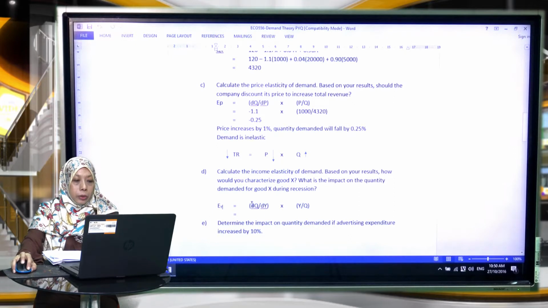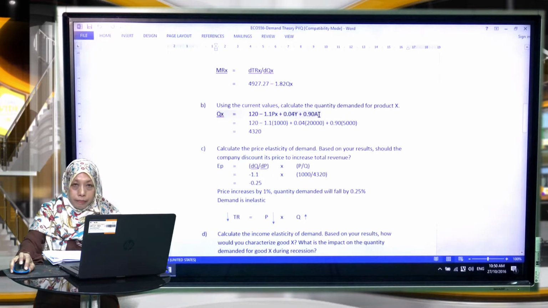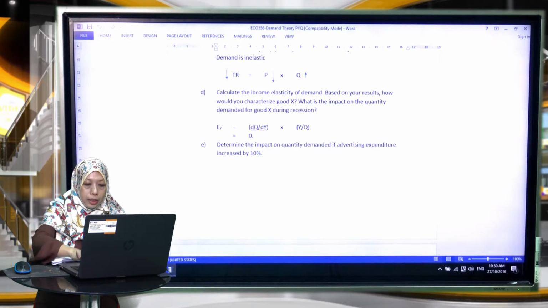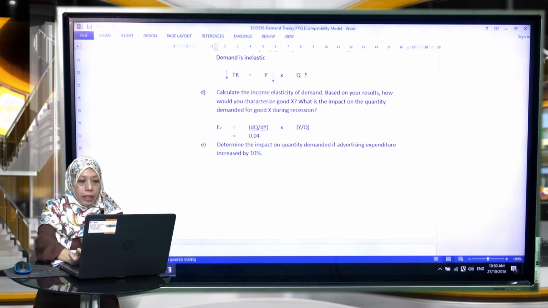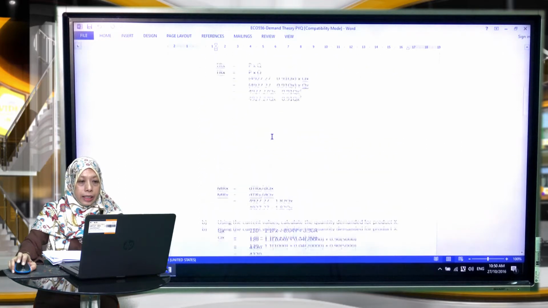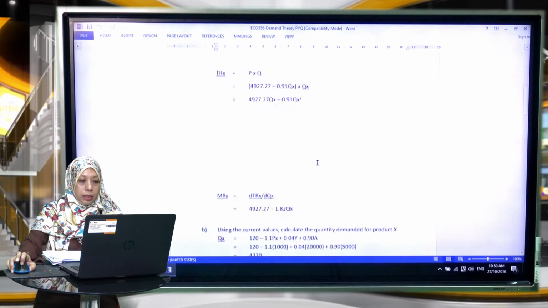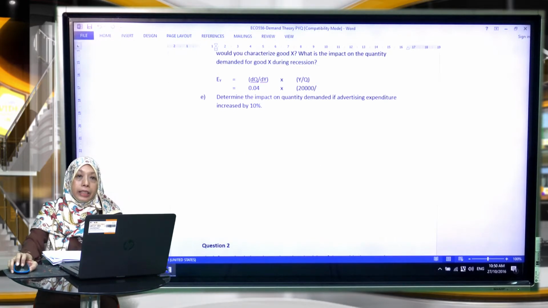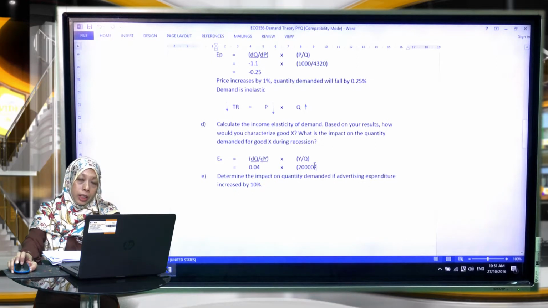So you want to differentiate your Q function with respect to Y just now. This is your demand function. If you differentiate with respect to Y, all the other variables you have to assume as constant. So that will leave you with 0.04. So dQ/dY is 0.04. And then you have to multiply it by the current value of Y, which is just now given as 20,000. So we're going to type in 20,000 divided by the value of Q. Do you still need to calculate Q?